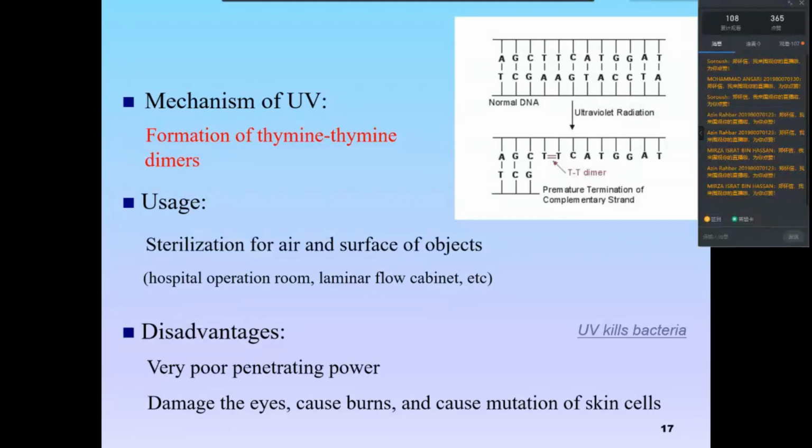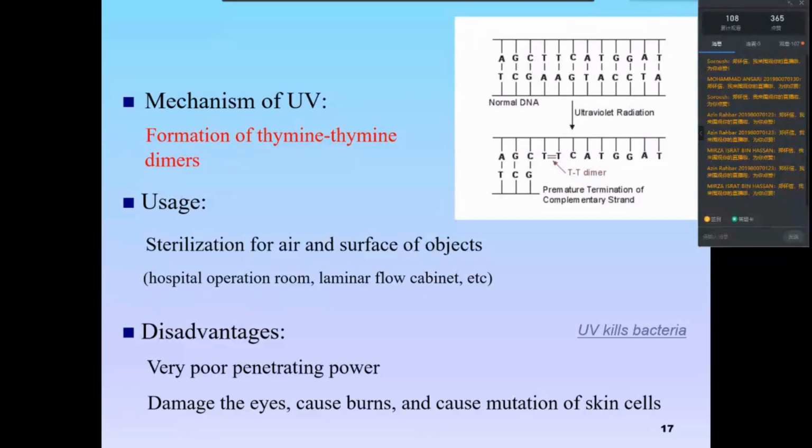We can use UV light to sterilize the air, or we can use it to sterilize the surface of objects. For example, in the tissue culture room, you turn on the UV light. The UV light can kill any bacteria floating in the air, or the bacteria on the surface of the table.